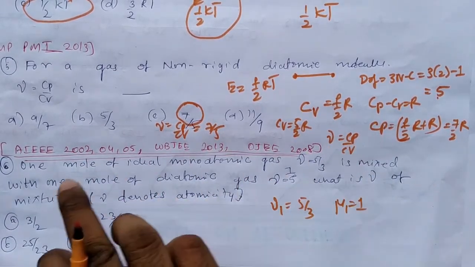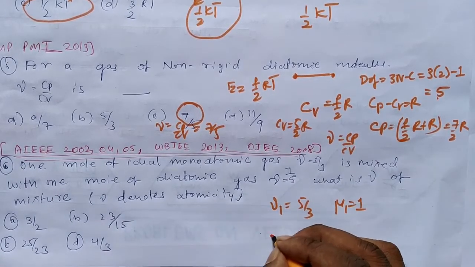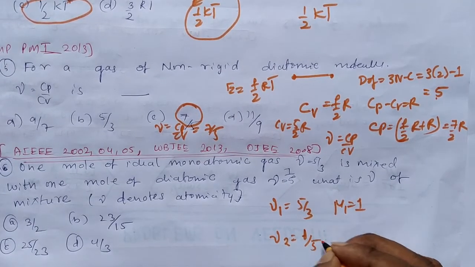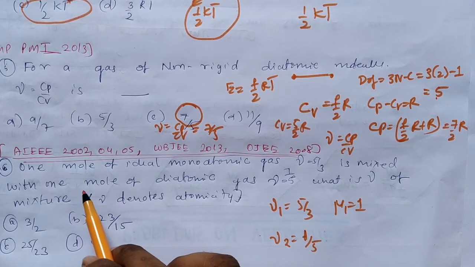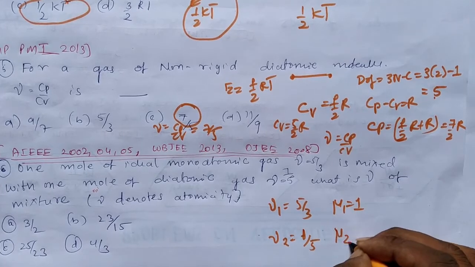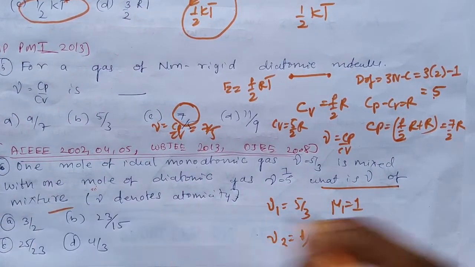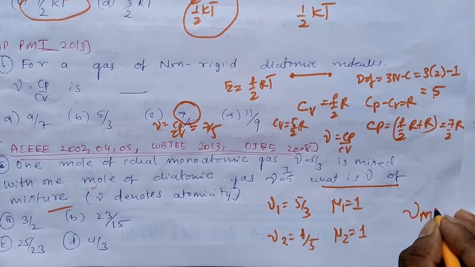It is mixed, poured into another system having atomicity 1 by 5, and its quantity is also 1 mole, that is mu2 is equal to 1 mole. Calculate what is nu of the mixture.